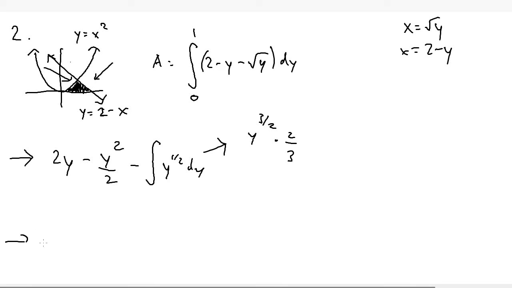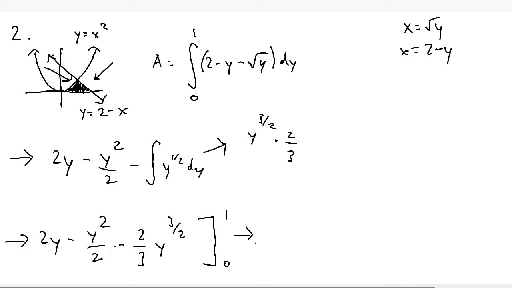And so we'll get 2y minus y squared over 2 minus the integral of y to the 1/2 dy, which is 2/3 y to the 3/2. And our bounds are from 0 to 1.